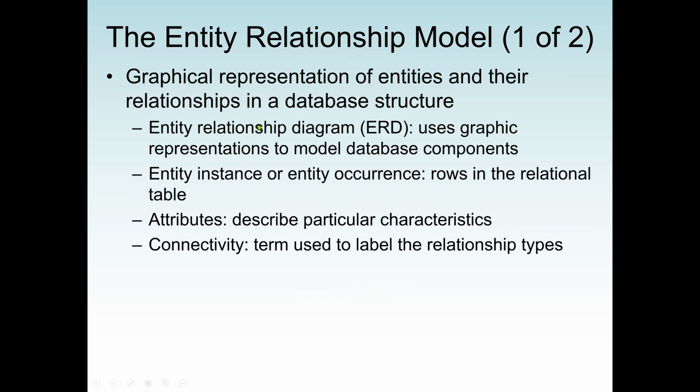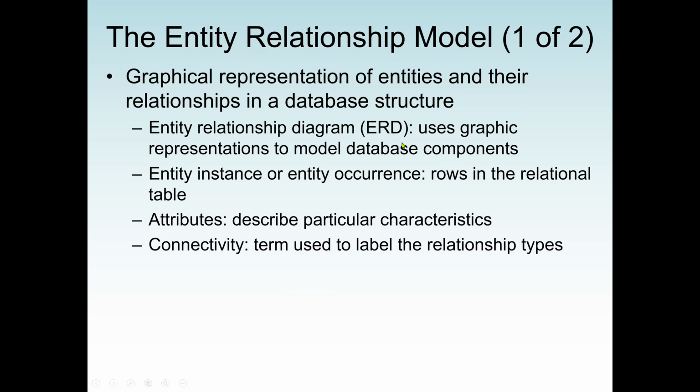The entity relationship diagram uses graphic representation to model the database components. Database components normally consist of entities and then relationship types. Within the entities, we have the characteristics of the entities, which are the attributes.